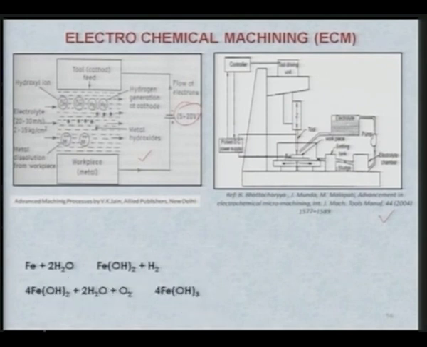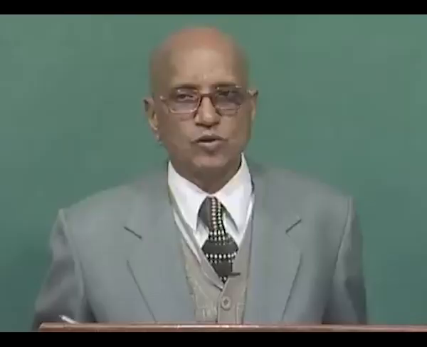Now, these are the basic reactions that take place when dissolution of the anode, that is the workpiece, takes place. You get ferrous hydroxide plus hydrogen as the gas, and in some cases in place of ferrous hydroxide you also get ferric hydroxide depending upon the machining conditions.